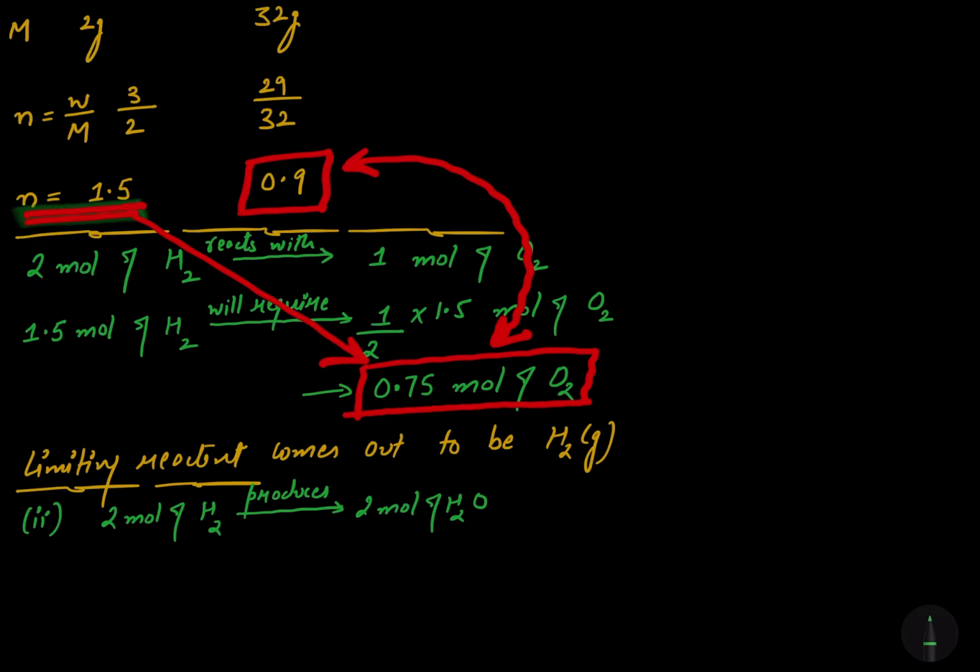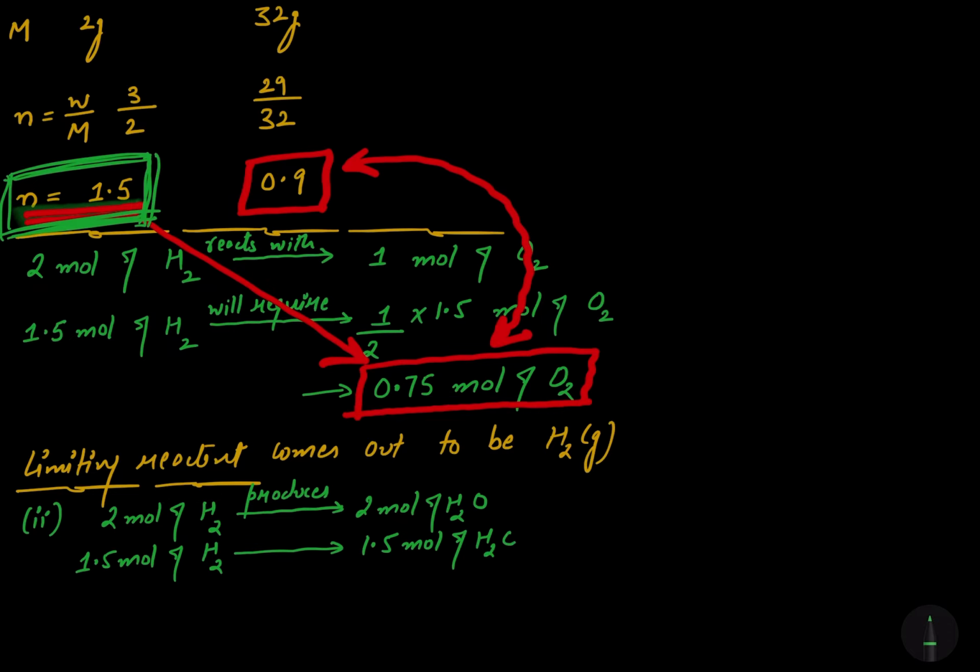That means, how many moles of H2 were given in the question? Please have a close look. The number of moles of H2 given in the question was 1.5. So 1.5 moles of H2 will obviously produce the same 1.5 moles of H2O. So I got 1.5 moles of H2O.